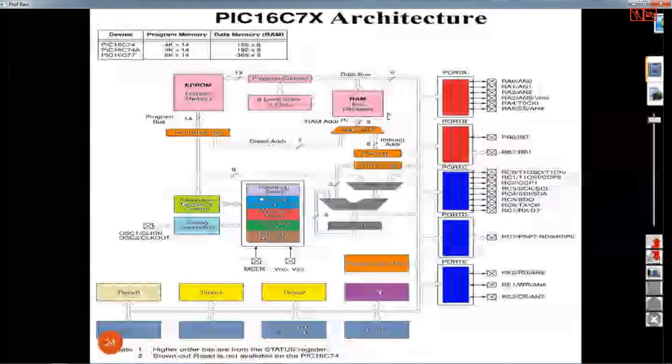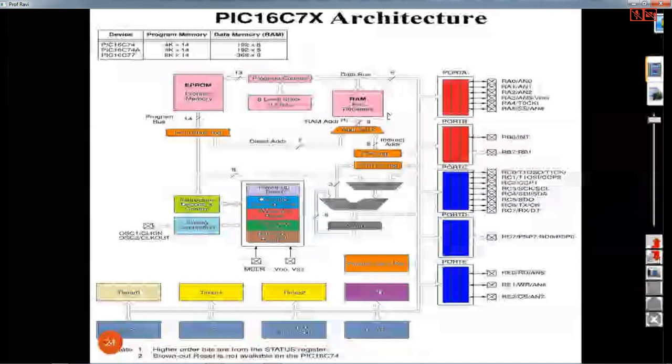So this is the direct address register, this is your data RAM, and this is your program memory. So this is your data RAM and the ports available. The difference between the 8051 architecture and this architecture is that you have flash program memory here and an on-board 10-bit A to D converter.